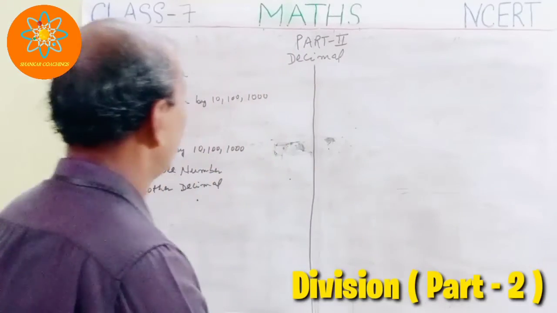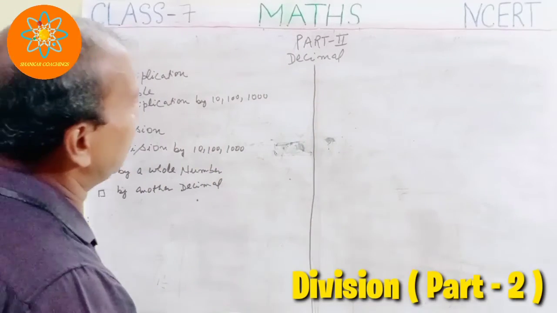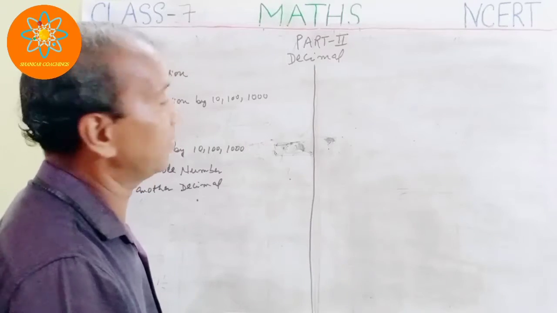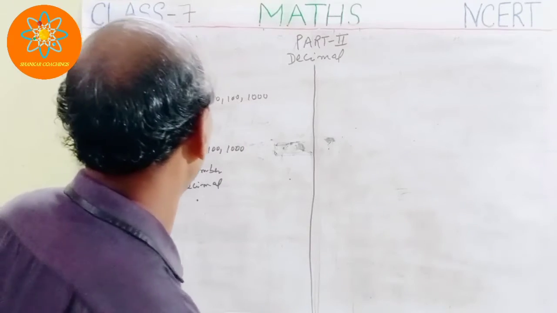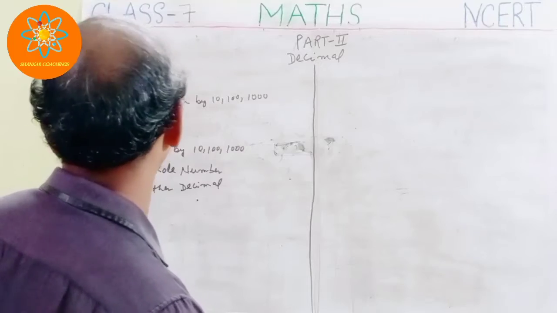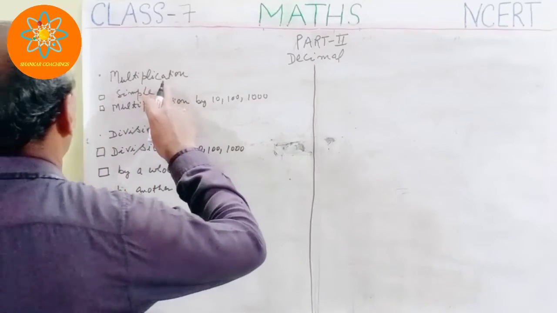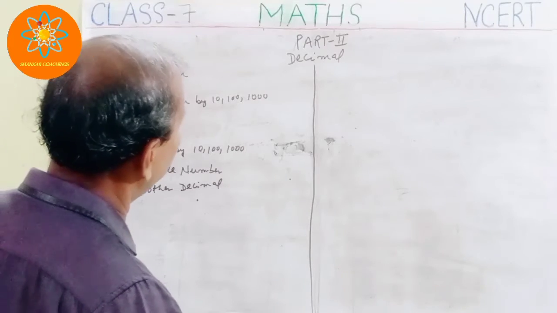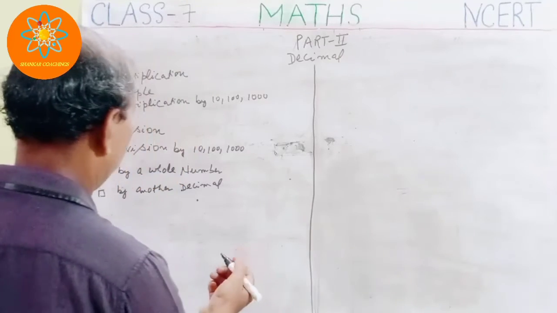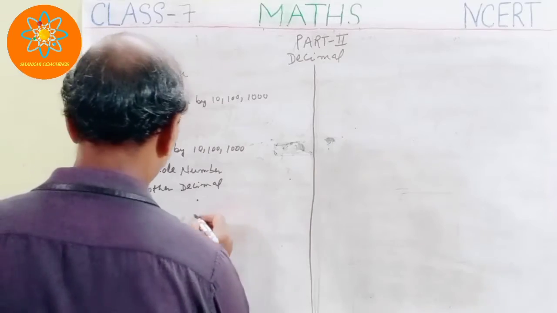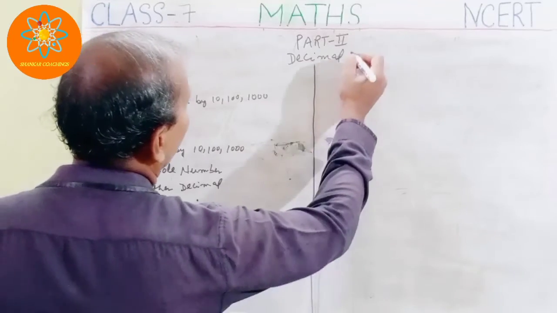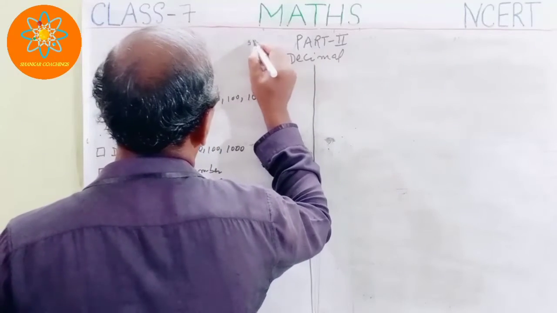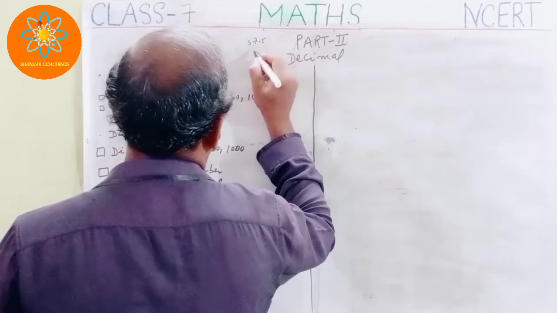Now, this part 2 is the decimal. In part 1 I had discussed the fractions. So in the case of decimals, we will see two operations, multiplication and division. See, for decimal numbers, numbers like, suppose, written in this way, 37.5.